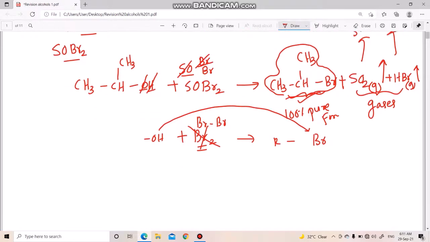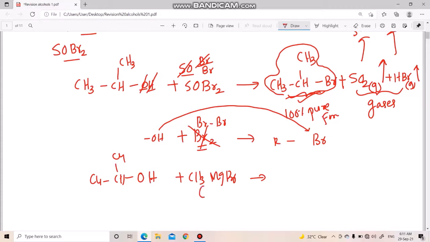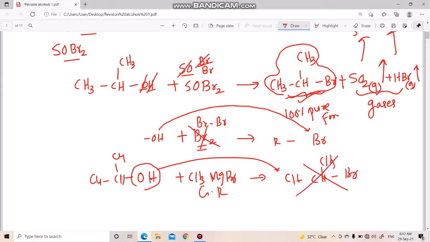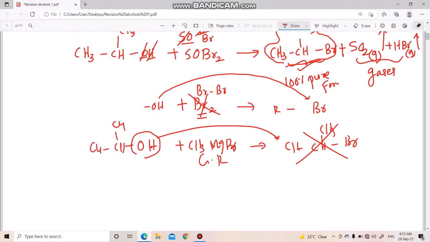Then the fourth option is CH3MgBr, a Grignard reagent. By using a Grignard reagent, it's not possible to convert isopropyl alcohol into halide. This reaction is not possible. What is the purpose of a Grignard reagent, students?